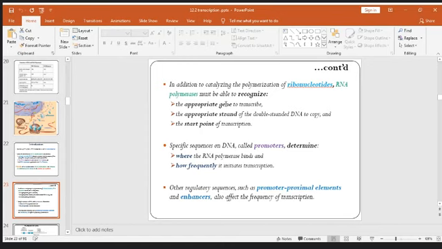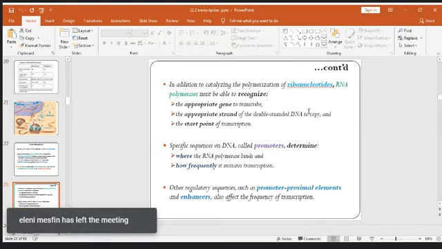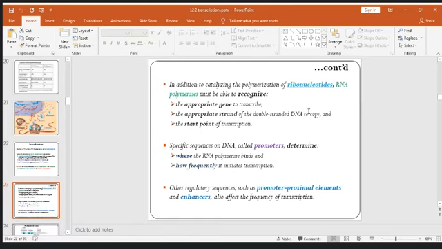And the appropriate strand of the double-stranded DNA to copy. Because both are not copied in RNA synthesis. In replication there is no problem; both DNA strands are copied and two new DNA strands are synthesized. But here, the appropriate strand is selected from the two so that it can be copied. The selection of the appropriate strand is done by this RNA polymerase enzyme.